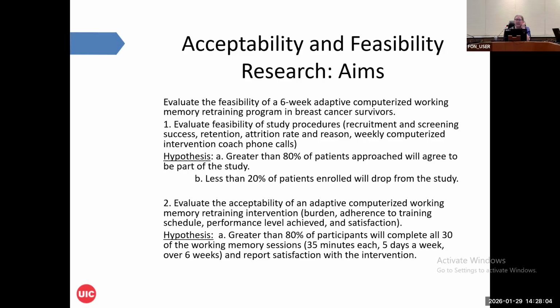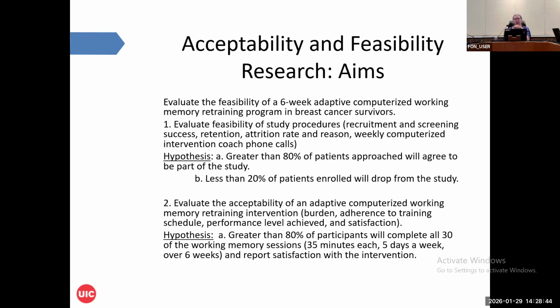So what we looked at was the acceptability for the participant of this adaptive computerized working memory retraining intervention, because we wanted to know how burdensome it is. Here we are using adherence, but I already said I would rewrite this and say engagement to the training schedule. And then the performance level achieved, because this computerized program helped them increase in their working memory, and satisfaction.